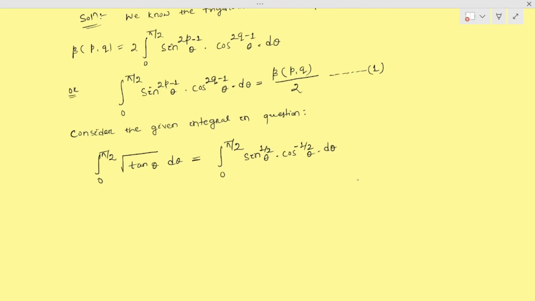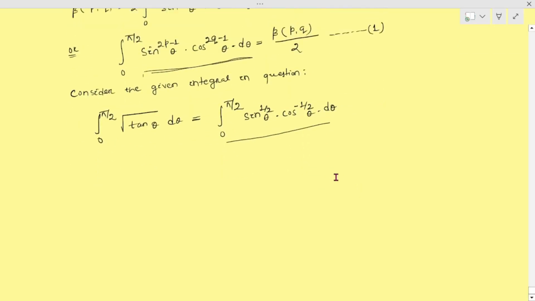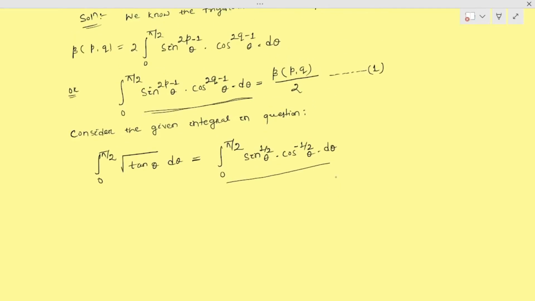Now we are trying to write this integral in this format. If we can write it, then directly we can apply the beta function, right? So here consider 2p minus 1 equal to 1 by 2 and 2q minus 1 equal to minus 1 by 2.